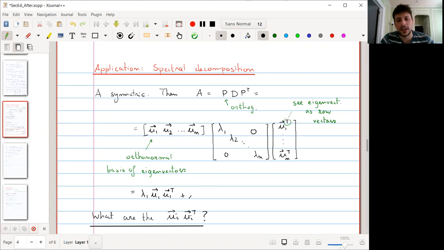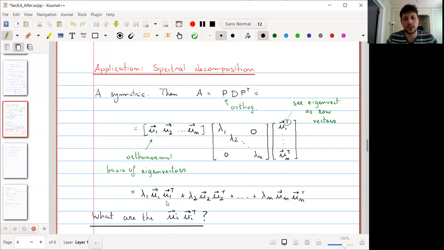It takes some steps that I don't want to get into in detail, but we'll see it in an example. So what you get out of this is exactly this expression: lambda i times ui ui transpose.